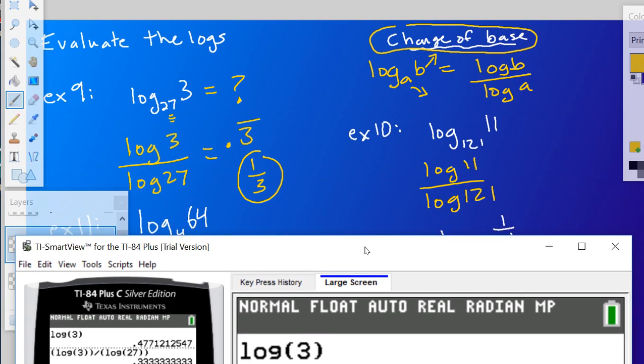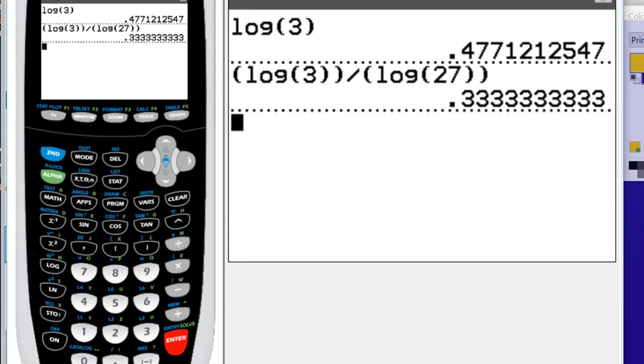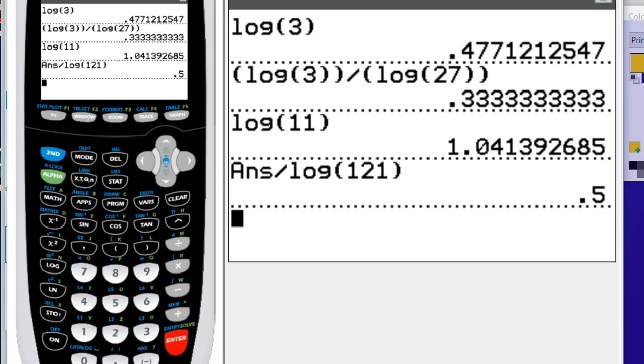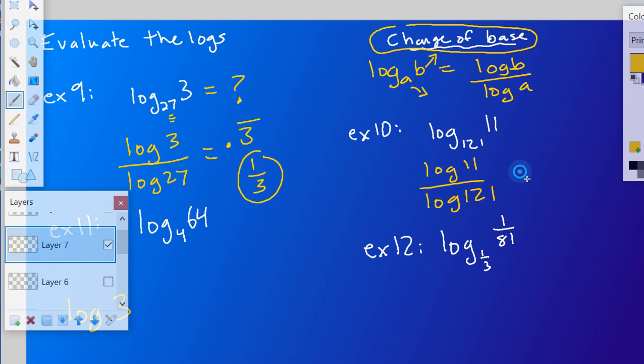So we'll write log 11. I'll press enter. All right, now I'm going to divide that by log 121. This is just a different way to put it in my calculator. I get 0.5, which we should recognize as a half. So this one equals 1/2, or 0.5.